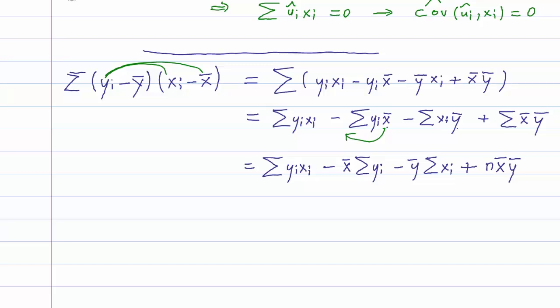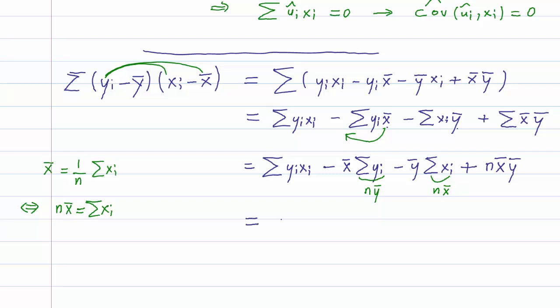Now an important result that I'm going to use here, we know that x bar, the mean, is equal to 1 over n sum of xi. This is the definition of x bar. So this basically implies that n times x bar is equal to the sum of the xi. So if we look back here, we have n times x bar and n times y bar.